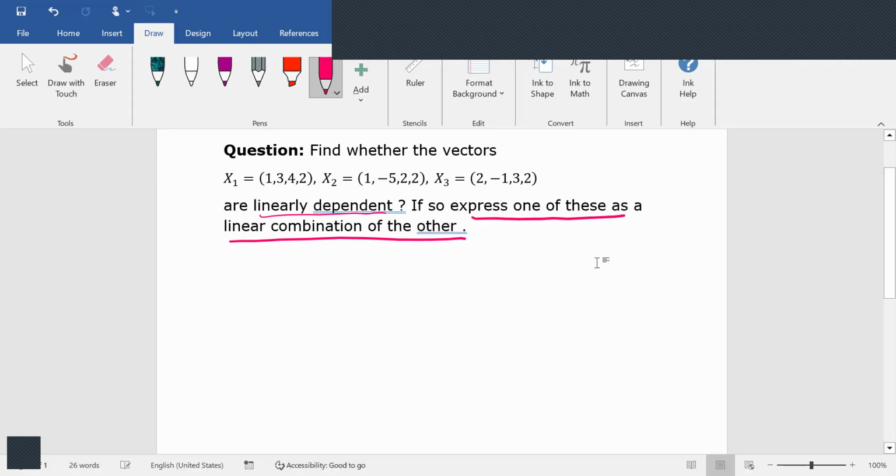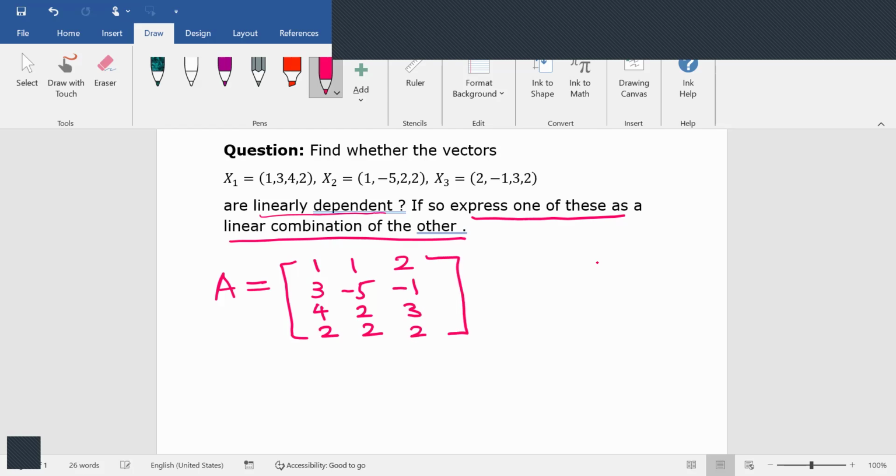First of all, I'm going to express all these vectors in the form of the coefficient matrix. This coefficient matrix we are going to write in this manner: 1, 3, 4, 2, then 1, minus 5, 2, 2, then 2, minus 1, 3, 2.